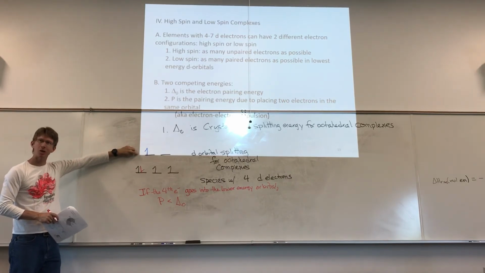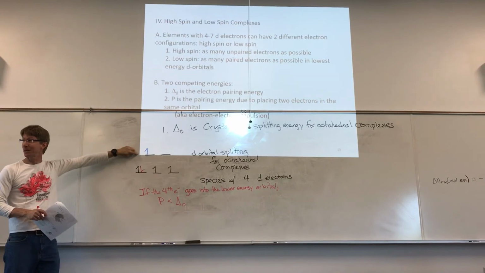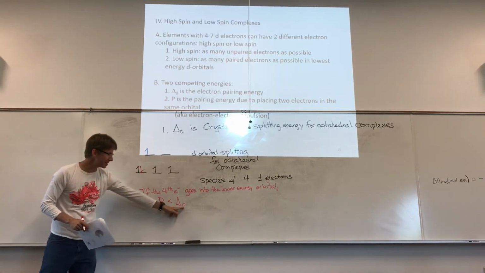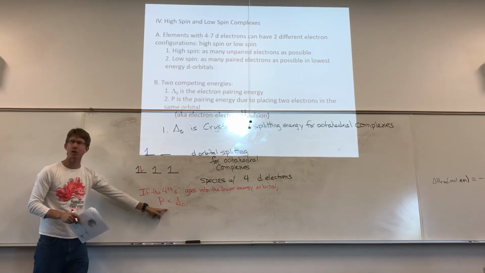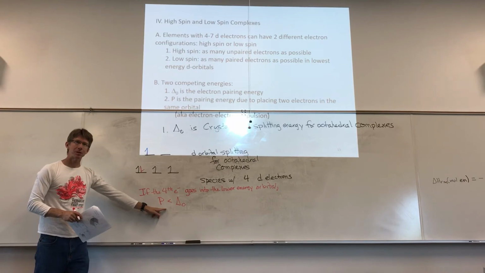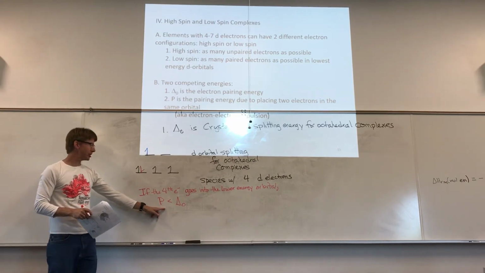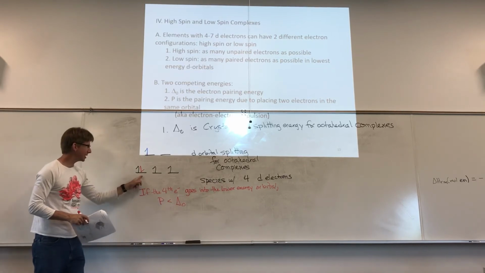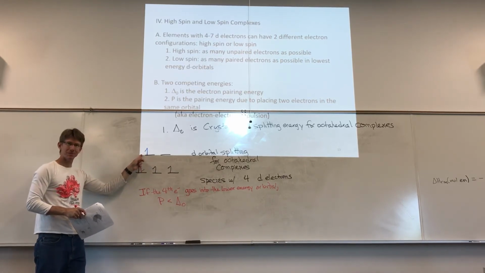Electrons always go to the lowest energy places. Now there's 2 places and we have to decide which is lower energy. So if I were to say this sentence in words, it would be the energy for pairing electrons is less than the energy for getting to the higher energy level.